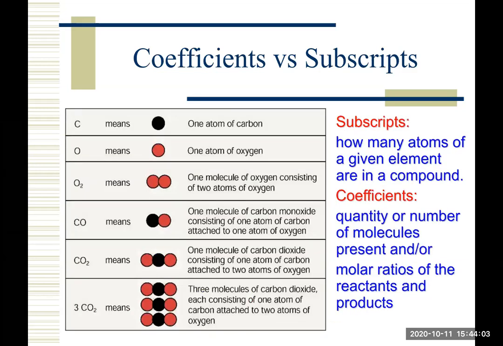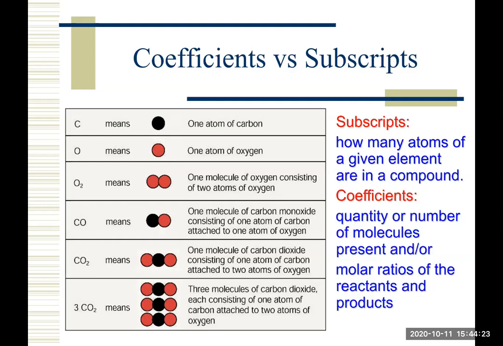Let's look at coefficients and subscripts a little more closely so we get a stronger understanding of how we don't cross over between subscripts and coefficients in terms of balancing chemical formulas. We use subscripts. Chemical reaction equations, we use coefficients.